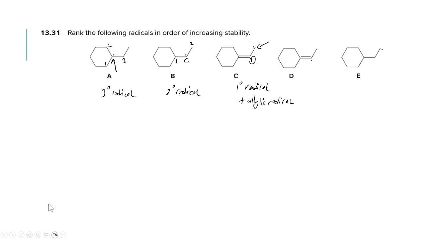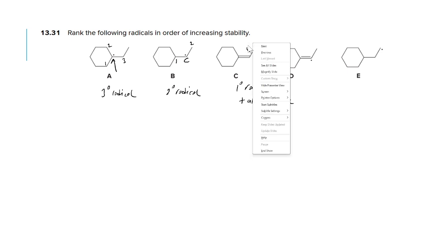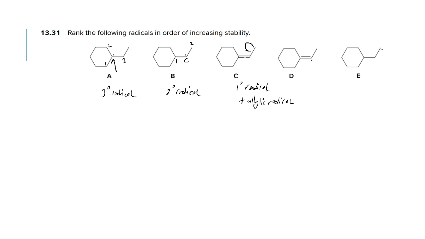So let's erase this part, and if you look at the structure, we can actually write a resonance form by combining this electron here, shifting it here, and shifting a pi electron here, and shifting the other pi electron here. So we can have a resonance form, and in the resonance form, the radical is shifting here on this carbon.